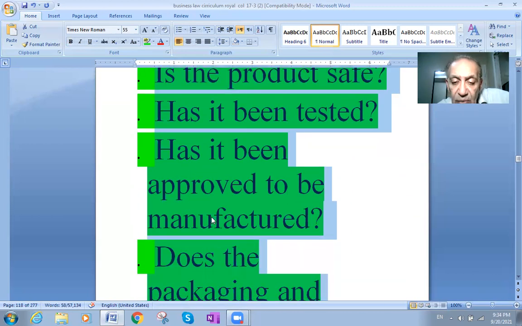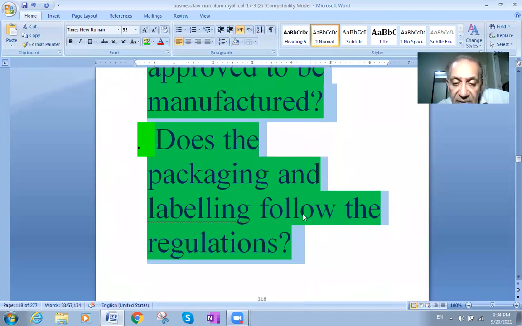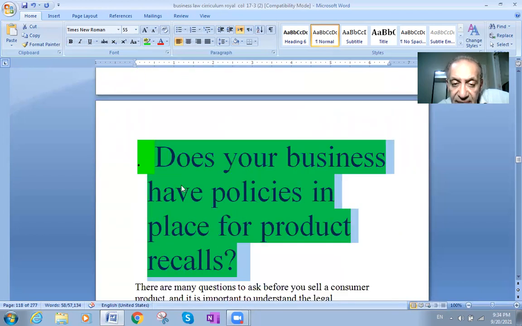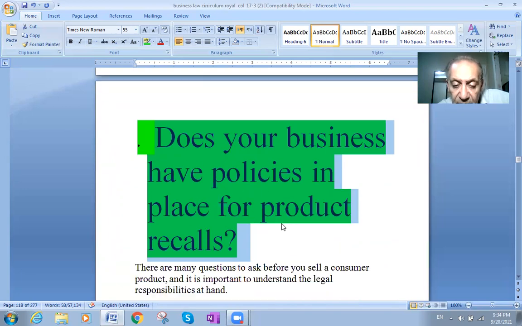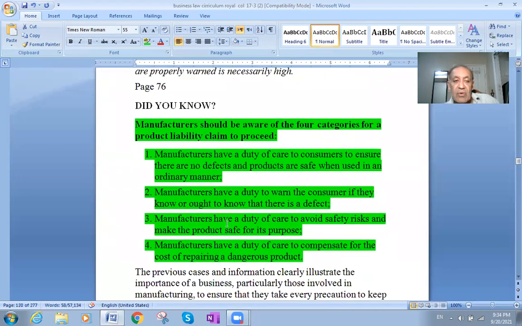Has it been approved to be manufactured? Do the packaging and labeling follow the regulations? Does your business have policies in place for product recalls? Those are all points we have to know about the product, so that it will never harm the consumer. So I have to be aware of tort law and this point.